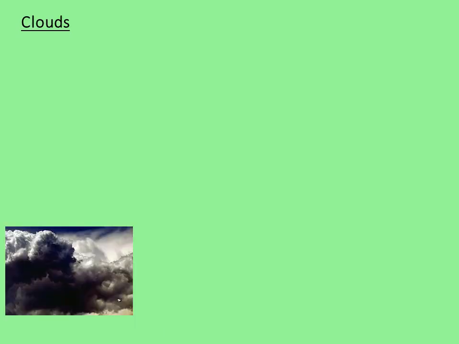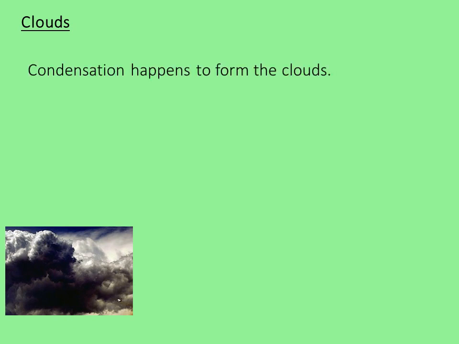Talking of clouds, who can remember what process happens to form a cloud? Condensation. That's what happens. That's when the water vapor, the gas, cools down and changes its state to become a liquid and it helps form the clouds.